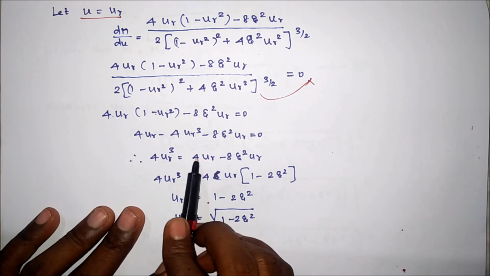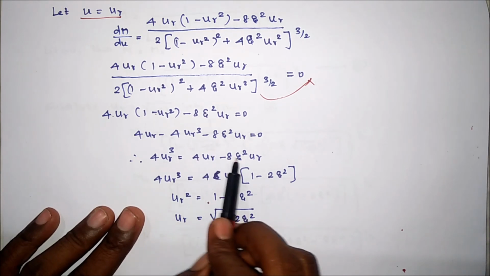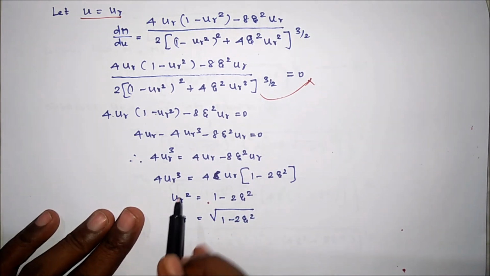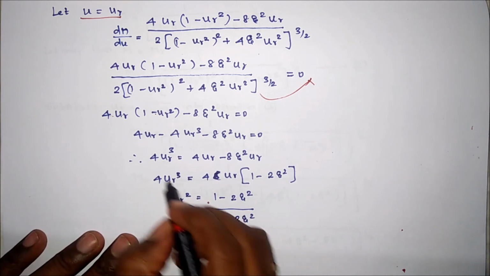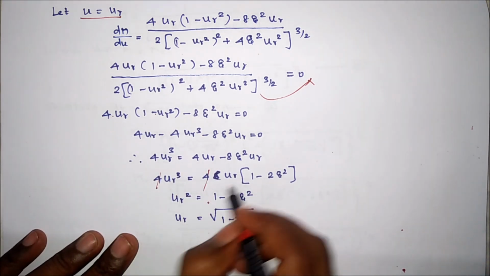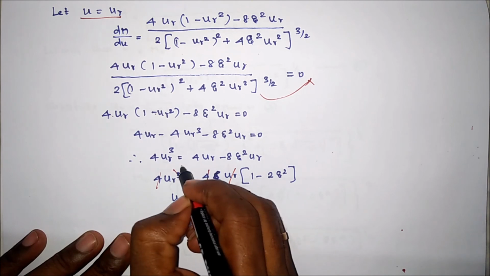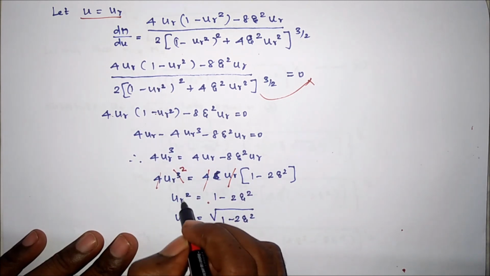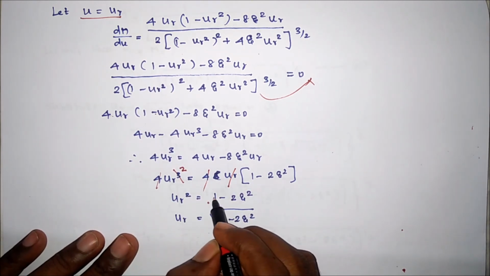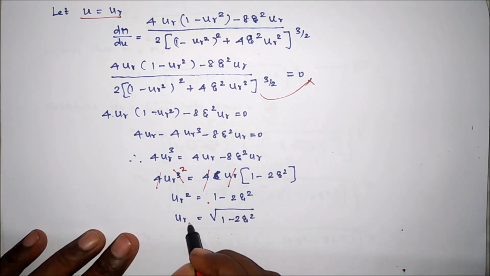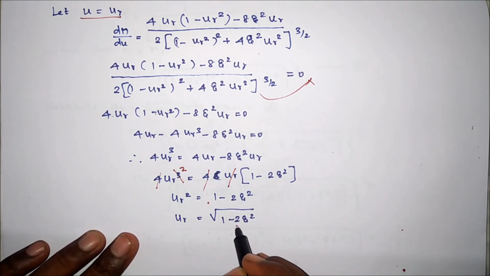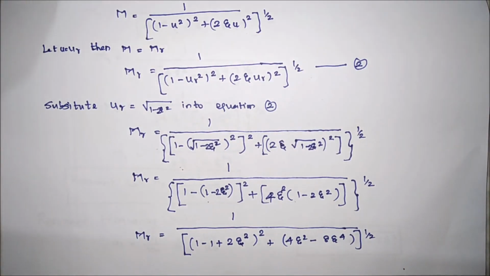From this we can take 4 ur outside, so 1 minus 2 eta square. So now this 4 and this 4 will cancel each other. This ur and instead of this cube, here it will become ur square. So ur square equal to 1 minus 2 eta square. So ur equal to square root of 1 minus 2 eta square.